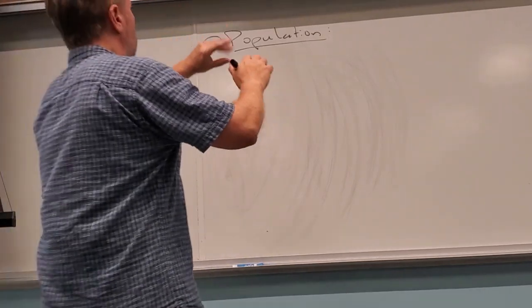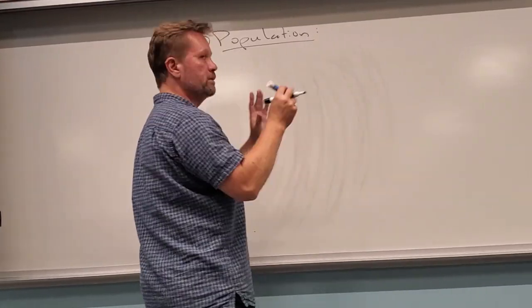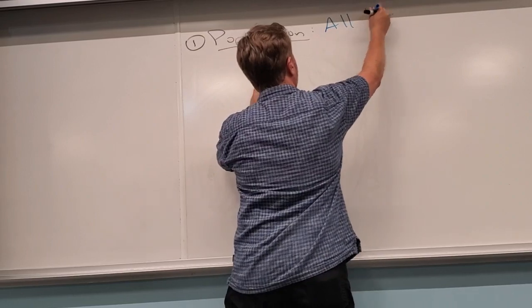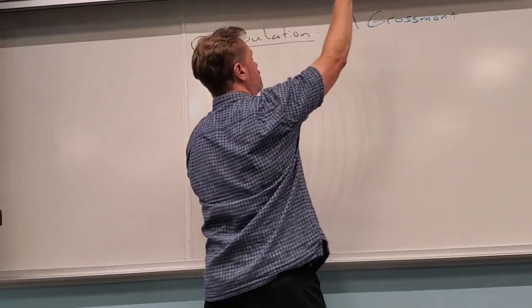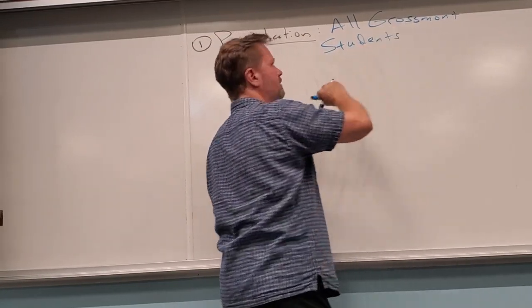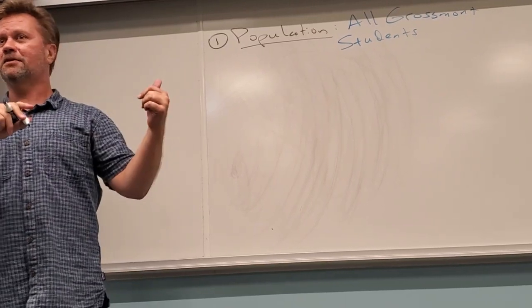So I'm going to write the definition in black, and in blue I'm going to write the specific example. So for us, it would be all Grossmont students. Can you guys see that all right? Reading it is a separate thing, because that's as good as I write.